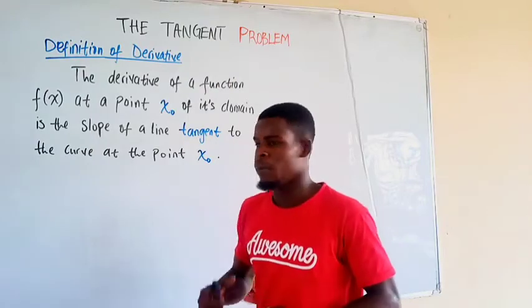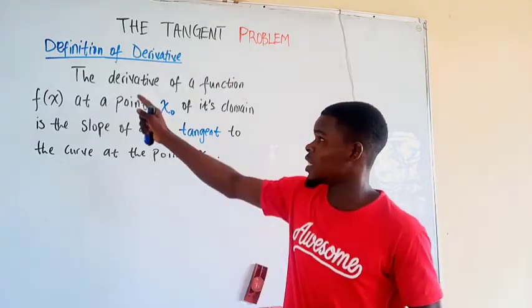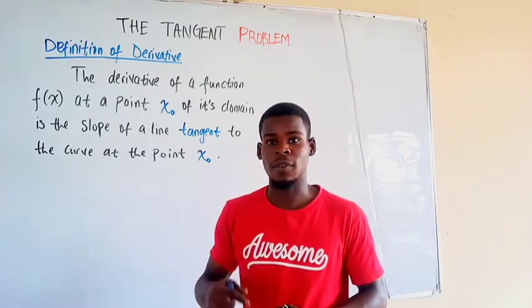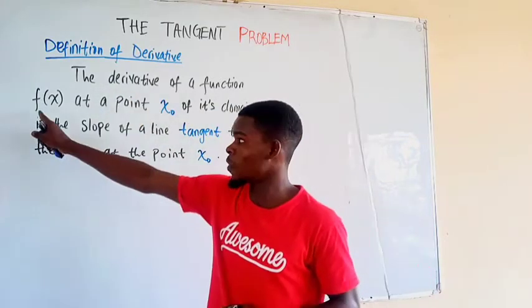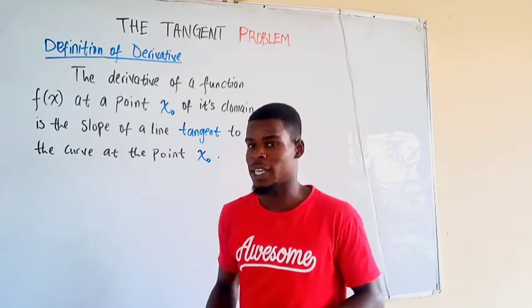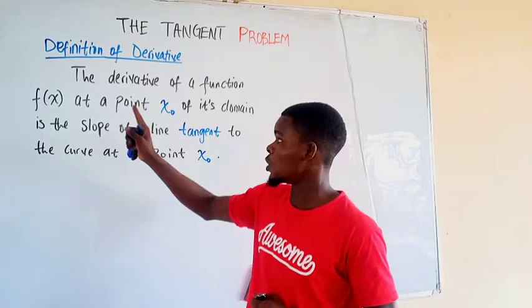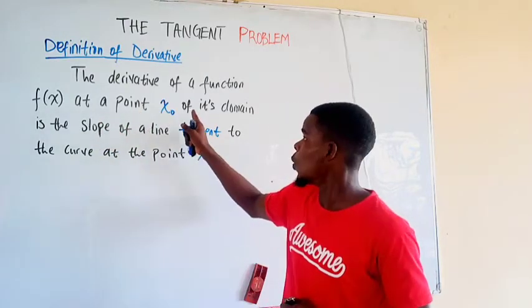But first of all, I'm going to have to start somewhere. I'm going to start with the definition of the derivative. What do we really mean by the derivative of a function? Let's call that function f of x. I know you may be used to the convention y all the time, but y is the same thing as f of x in this case. So the derivative of a function f of x at a point x naught of its domain.